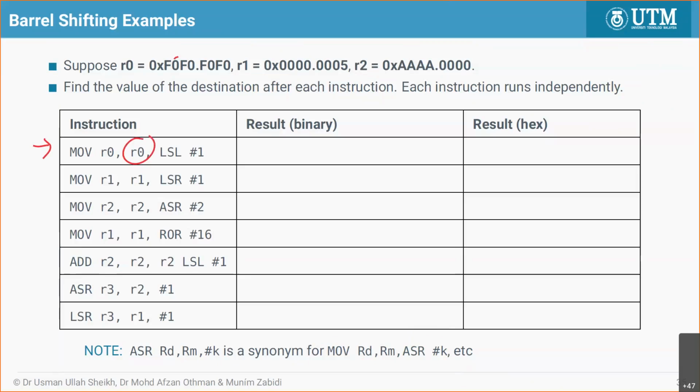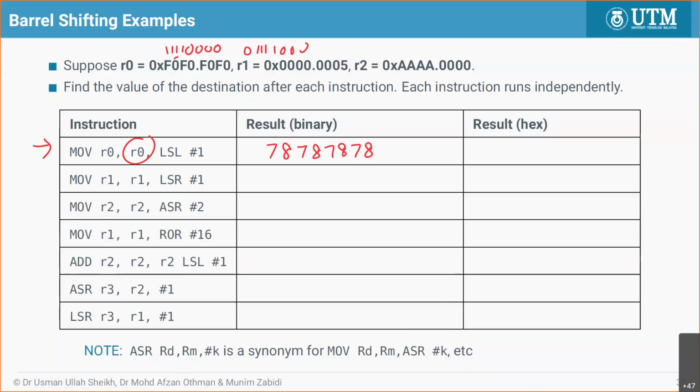So I will get 11110. If I shift 1 bit to the left, I will get 0111 1000. Okay, so here the answer will be 787878 like that.